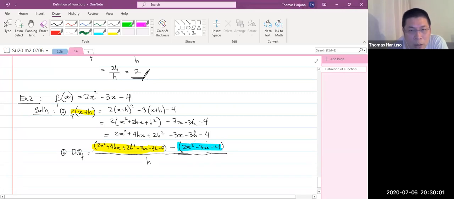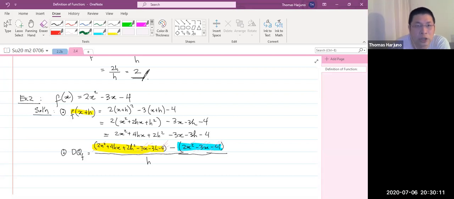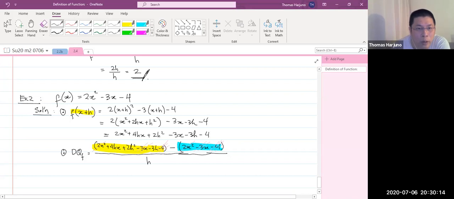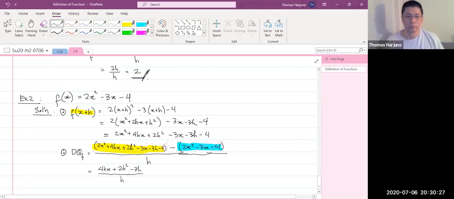And then this guy cancels this guy, cancels that, such that we are left with, on the numerator, we only have 4hx plus 2h squared minus 3h over h. Now I can factor the h on the top. I get 4x plus 2h minus 3 over h.